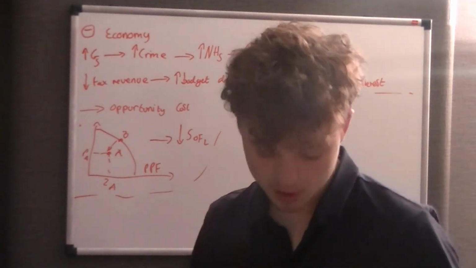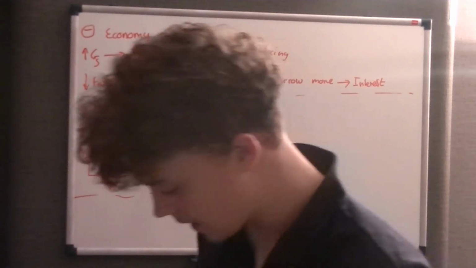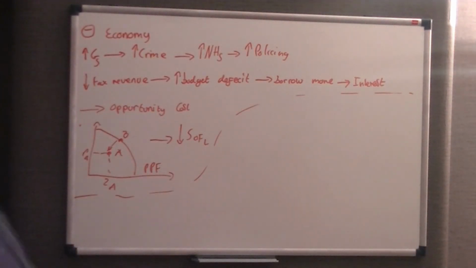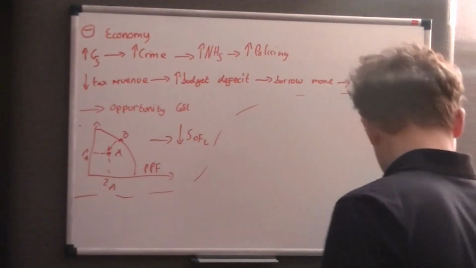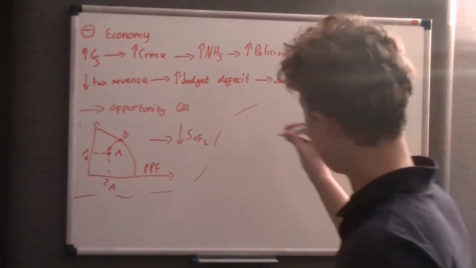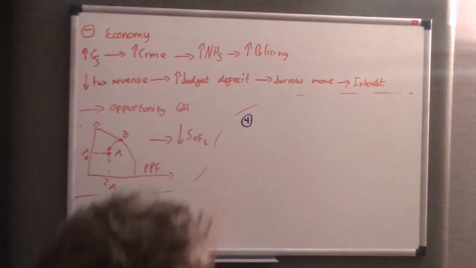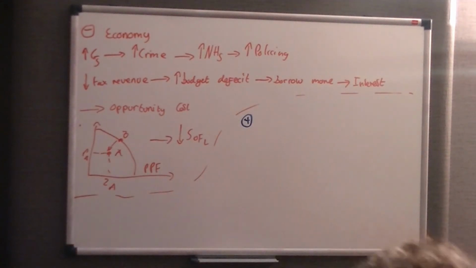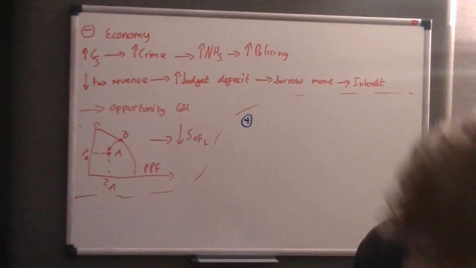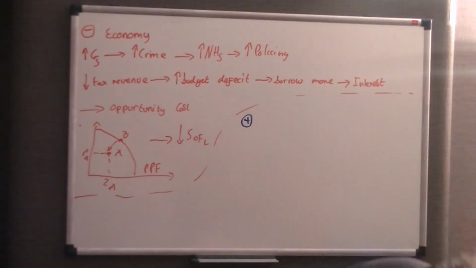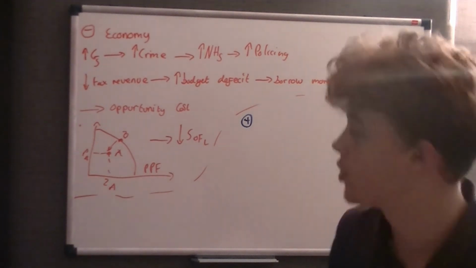But unemployment is not all bad. We said there it's quite a bad thing to have unemployment in the economy. However, it could be good. You may be asking, well, why could unemployment possibly be any good? Well, it reduces cost push inflation.